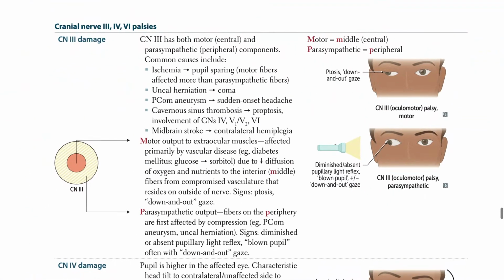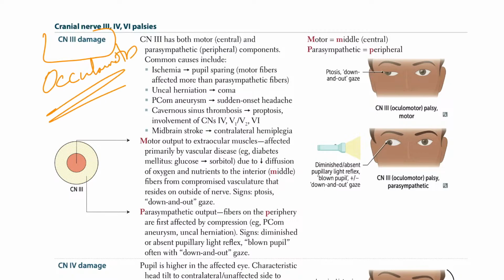Moving on to the next is the cranial nerve. Cranial nerve 3, 4, and 6 palsies. Okay, here, let's talk about the first one, which is the CN3 palsy. It's the oculomotor nerve.